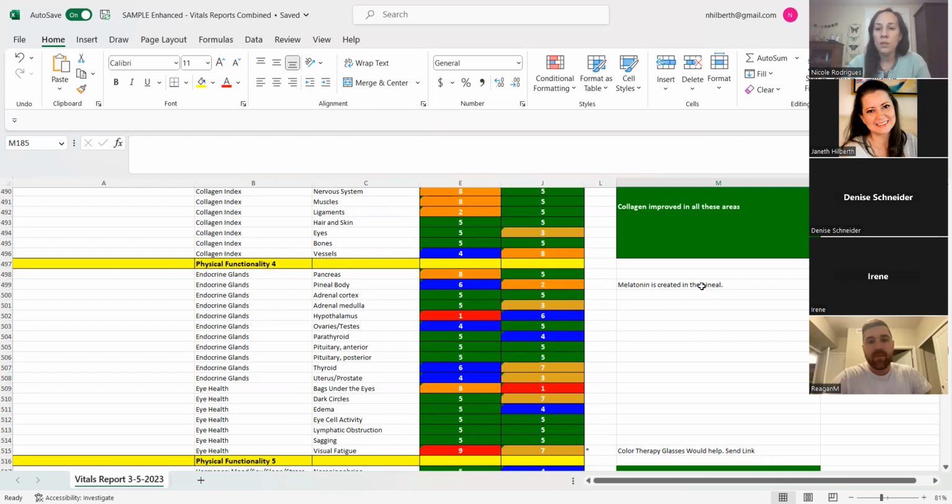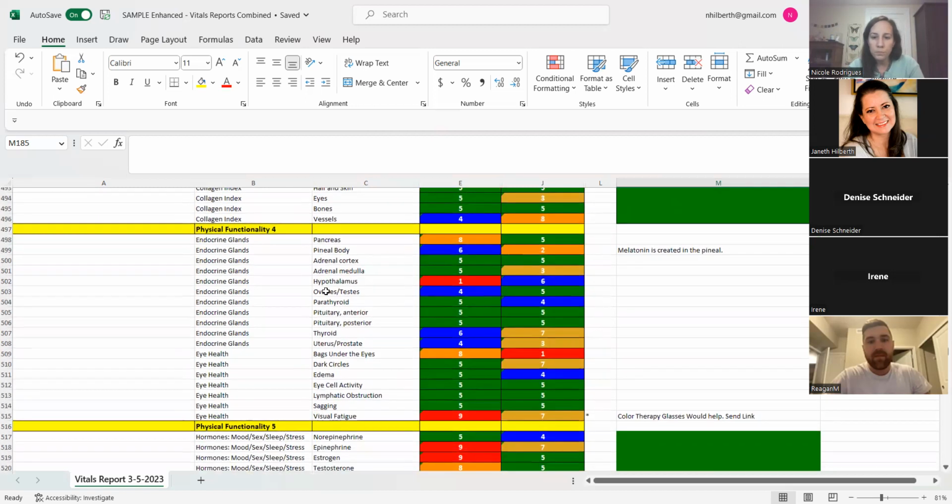Melatonin is created in the pineal gland, so he might need to decalcify the pineal gland. Maybe over time you can get a lot of metals on that third eye. So TRS spray would be helpful, but I didn't even note it here. I figure I'll look at his metals first and see if that seems to be an issue for him.